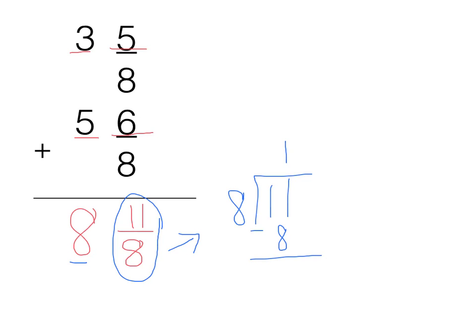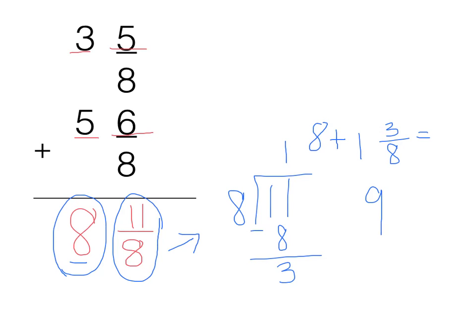And when I subtract those, I get 3. So my new mixed number is 1 3/8. But I'm not finished because I still have this 8 over here, and I have to add that to this. So 8 plus 1 3/8 gives me 9 3/8.